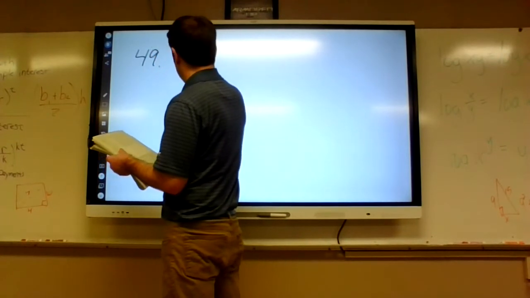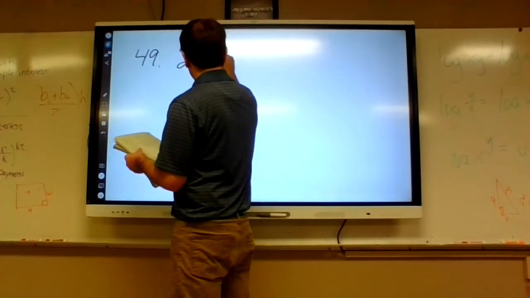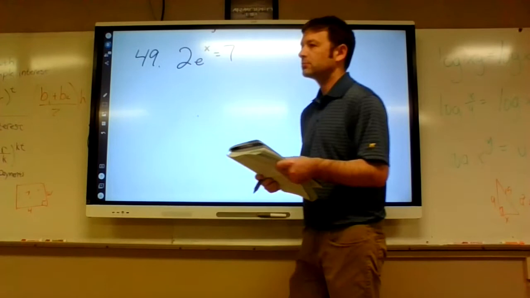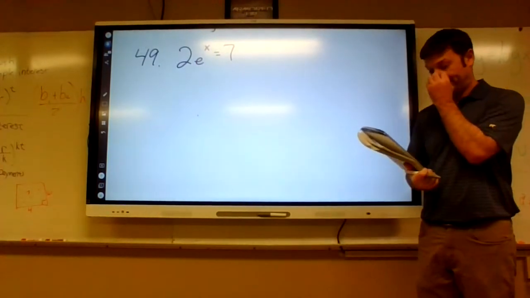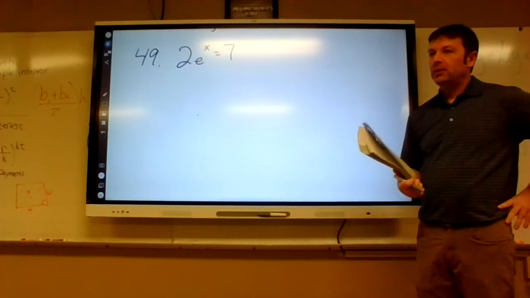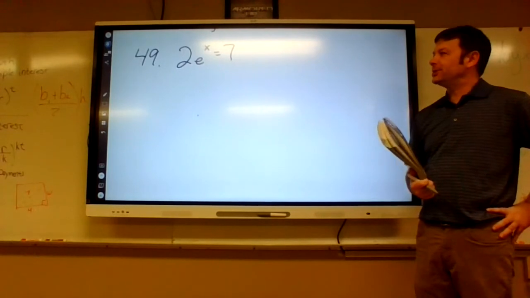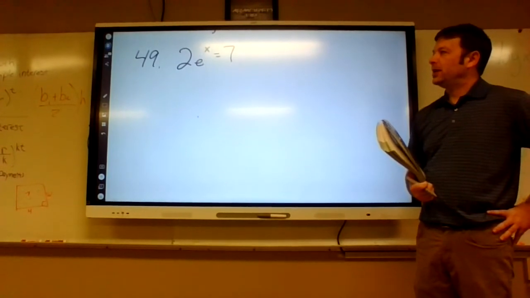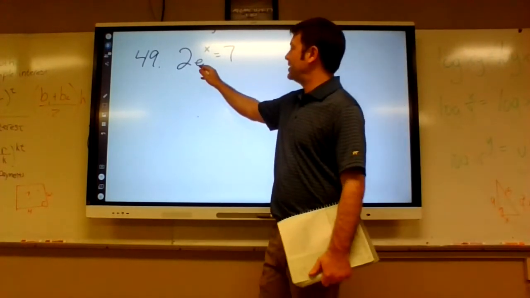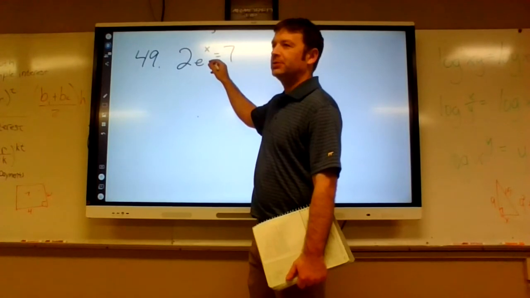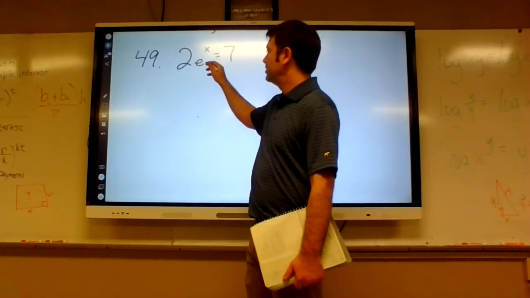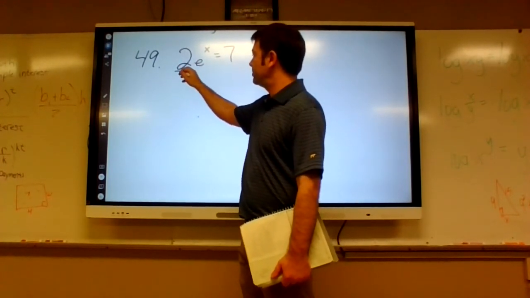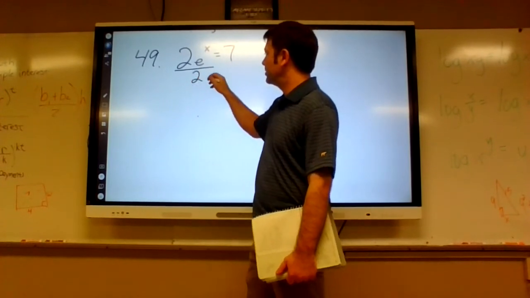49, 2e to the x equals 7. All right, any ideas? Yeah, if this just said e to the x, we could turn that into a natural log, right? So I want to get rid of the 2 over here.